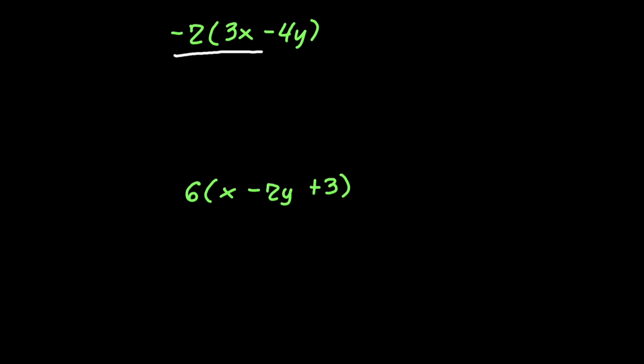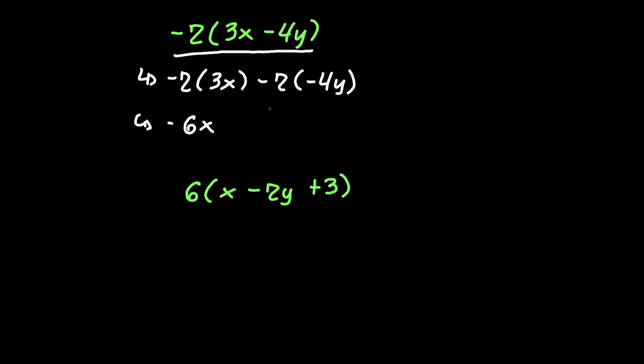Negative 2 multiplied by 3x minus 4y. It would be negative 2 multiplied by 3x, minus 2 multiplied by negative 4y. Final answer would be negative 6x plus 8y, because negative 2 multiplied by negative 4y would be positive 8y. For this, 6 multiplied by x minus 2y plus 3.